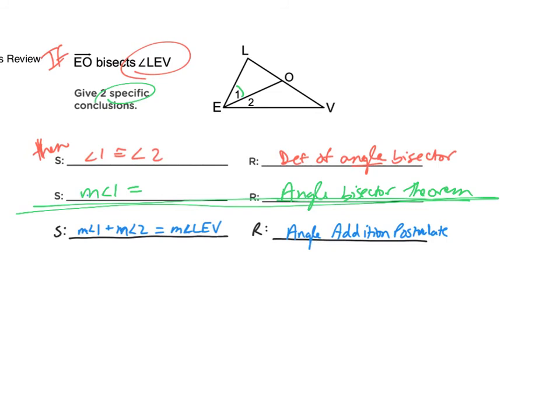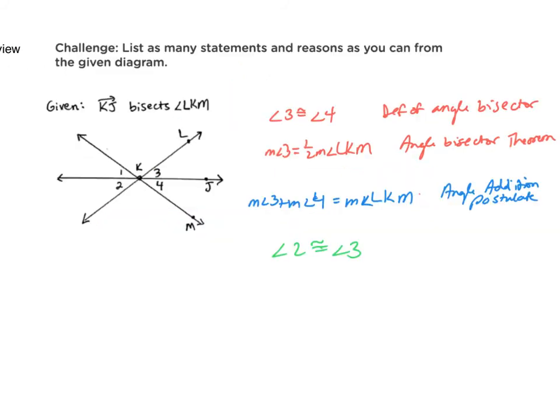I know that, but that's the definition of angle bisector. It tells me that each angle is half the whole. So angle 1 is equal to half of this entire angle, which is angle LEV. So those are my most specific conclusions. The third one is obviously also true, but not as specific. Okay, so we've got lots of options here.